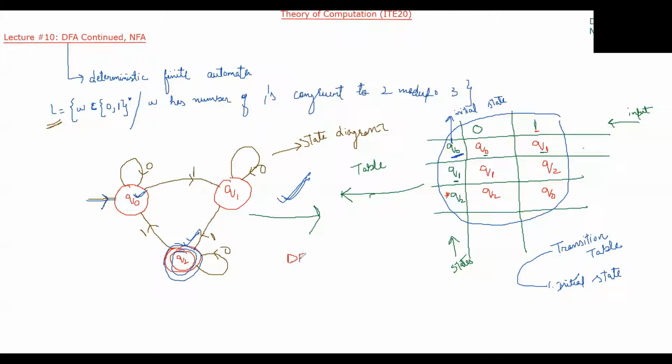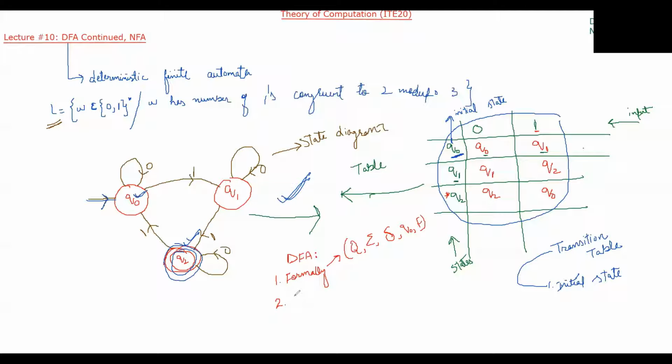So that means a DFA we can represent first formally. In the formal definition, we have to define the states, alphabets, transition function, initial state, and the set of final states. These are the five components.